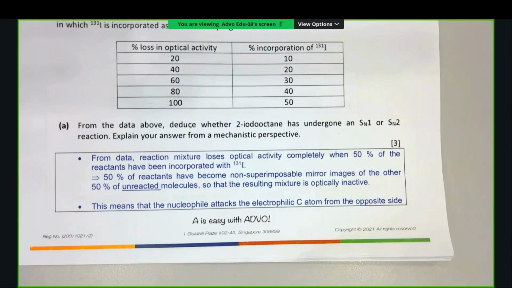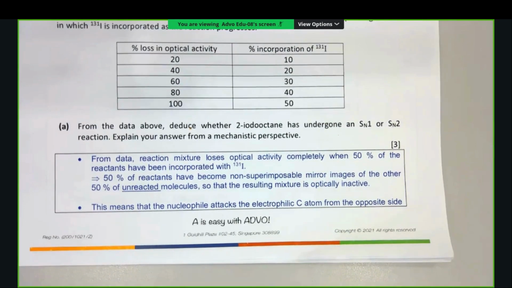If it's SN1, when it's half reacted, you will still have some optical activity. I explained to Lashita just now: if this is my original reactant, half reacted means I have 50% left, and the other 50% is racemic. So the 50% left behind will still be optically active.